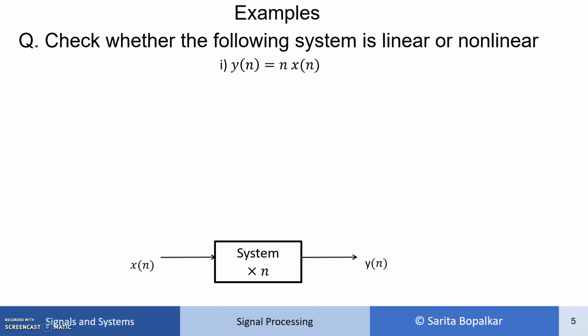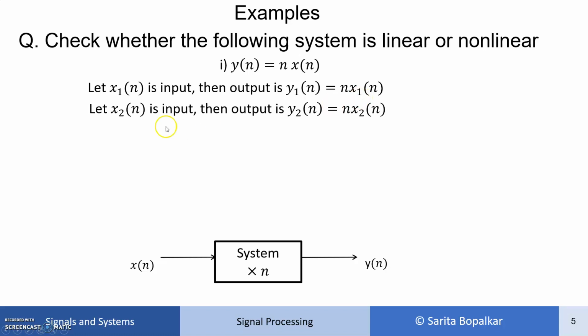So the output y(n) is n times x(n). Now let's take x1(n) as the input. The output is the input multiplied by n, so n times x1(n). Now x2(n) is the input, and the output is n times x2(n).